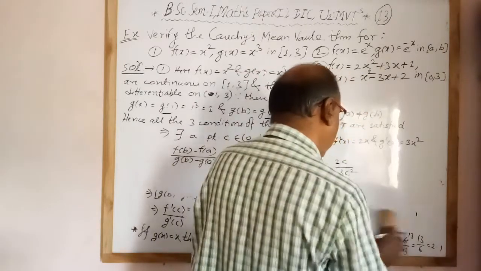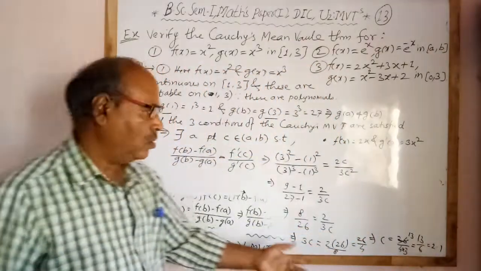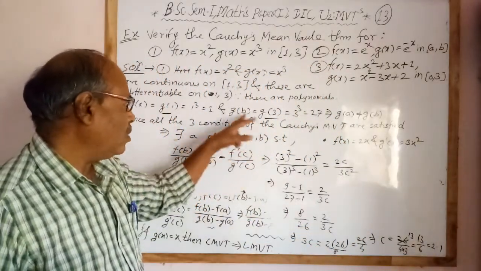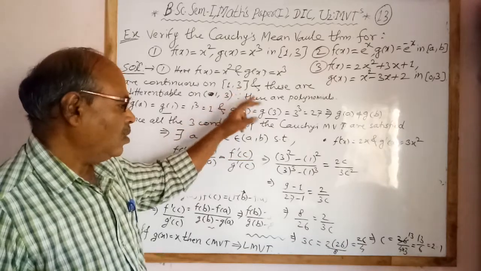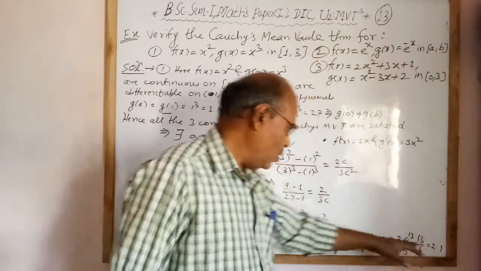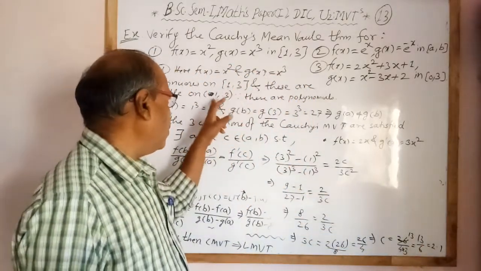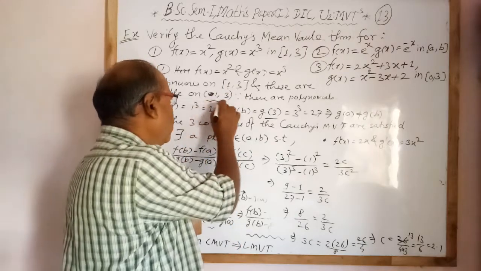Now observe that this value of c lies in the open interval (1, 3), which is this value is greater than 2 and less than 3. Therefore, it lies in the open interval (1, 3).